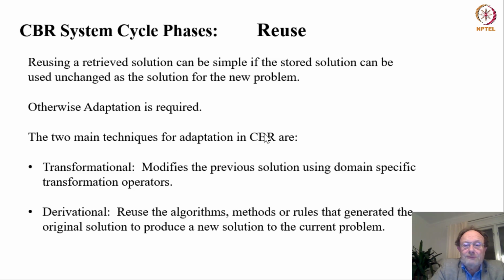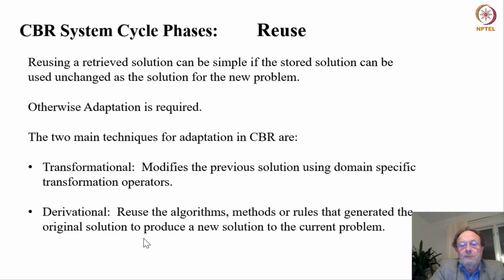The 2 main techniques for adaptation in CBR are, you can say, transformational, which takes the previous solution and modifies it based on some domain-specific transformation operators. So it actually transforms the solution. The other approach is called derivational, where you reuse not the specific solution, but the algorithm, method, or rules that were used to generate the original solution.